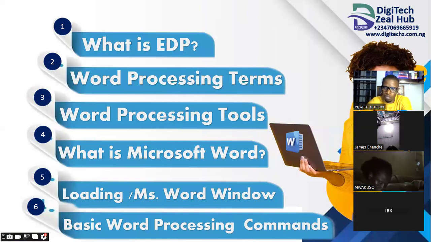And then, of course, we are going to learn how to load it once it has been installed in your computer, or perhaps you are using the Google version, which is called Google Docs. How can we access it on our system? We are going to look at that.